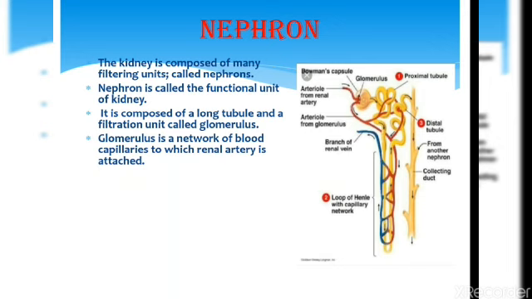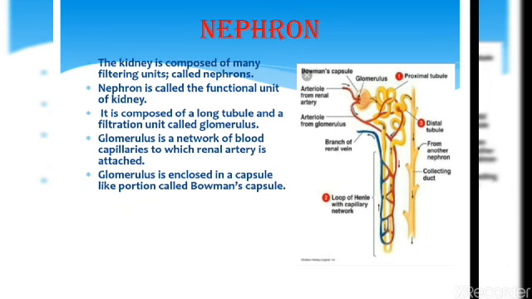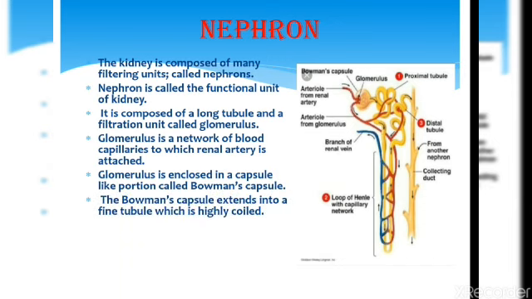The renal artery is that artery which brings the blood rich in nitrogenous waste like urea to the kidney. Glomerulus is enclosed in a capsule-like structure called Bowman's capsule. The Bowman's capsule extends into a fine tubule which is highly coiled.